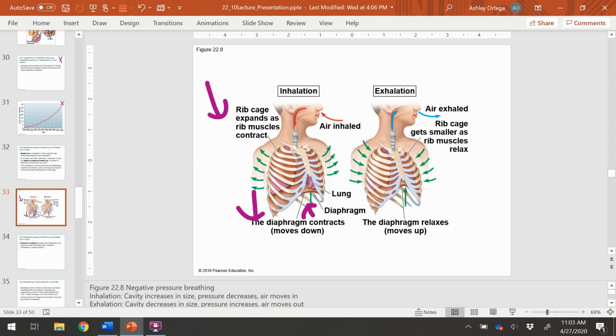So the cavity will decrease in size during exhalation and the pressure will increase inside the lungs. It will go back to its resting pressure, and then air moves out. That's why it's negative pressure breathing. You're doing the work to inhale, and then exhale restores it back to resting status.